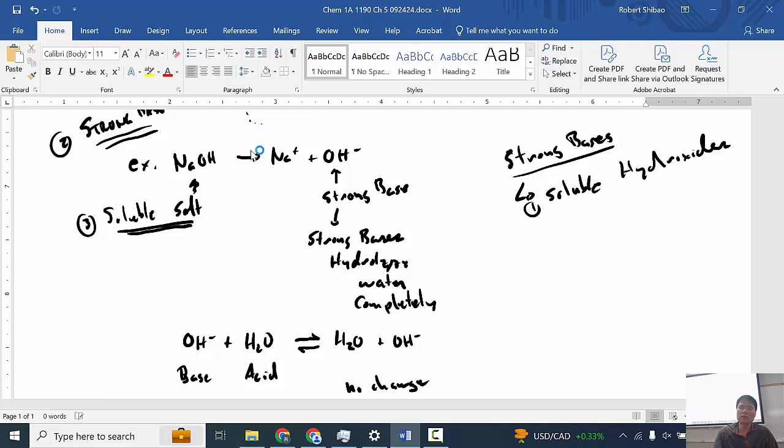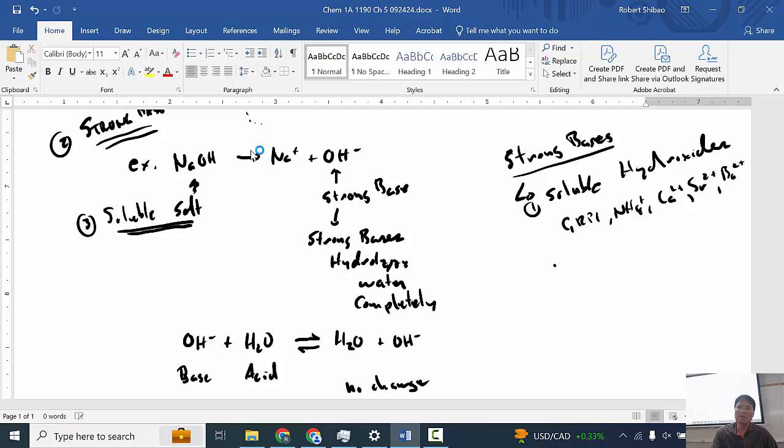What are the soluble hydroxides? The soluble hydroxides are group 1, ammonium, calcium, strontium, and barium. Those are the soluble hydroxides.